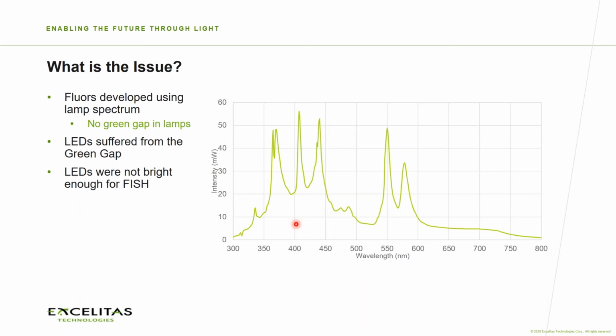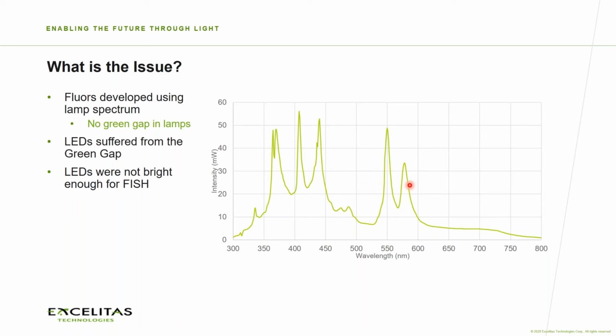It has its challenges, but the major challenge was that this is a spectrum of a mercury lamp, and these have been used for decades and decades. A lot of the fluorophores that are used in the labs were developed around the peaks that the mercury lamp has. The problem with LEDs initially, between 500 and 600, was a green gap.